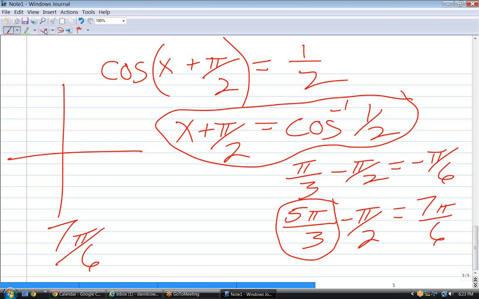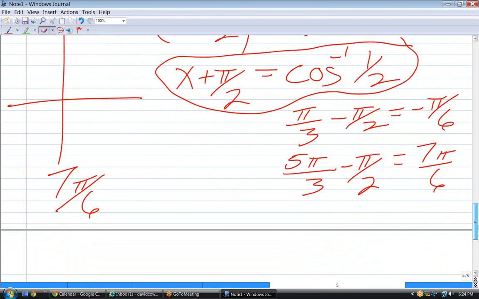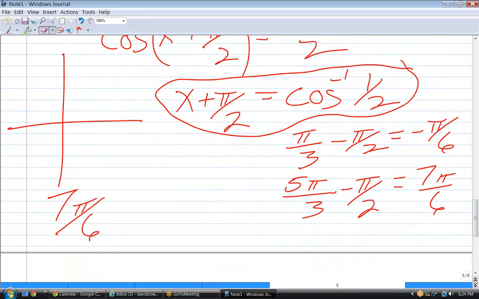Okay, you with me? I think so, yeah. Okay, this is not an answer. So let's keep going. Let's find the next spot, because we've got to go all the way up to 3 pi. We have to just keep going and keep finding the next place as we go around the unit circle.